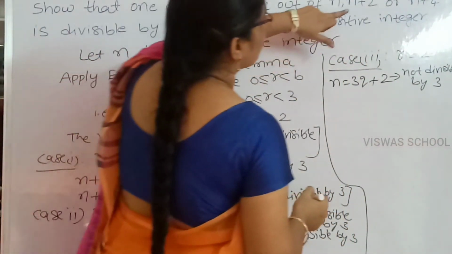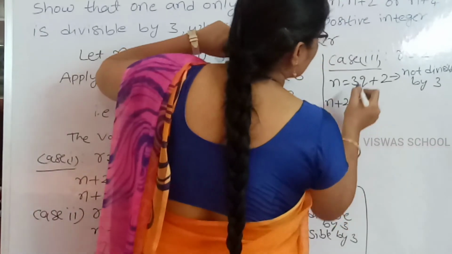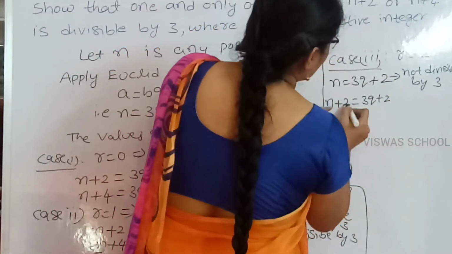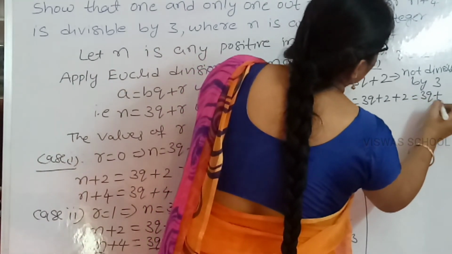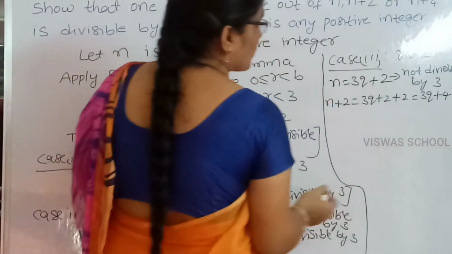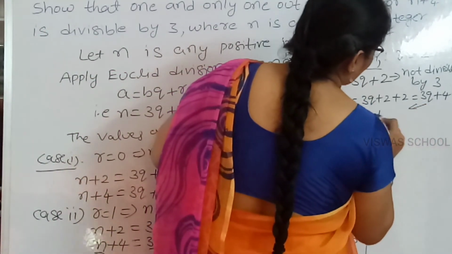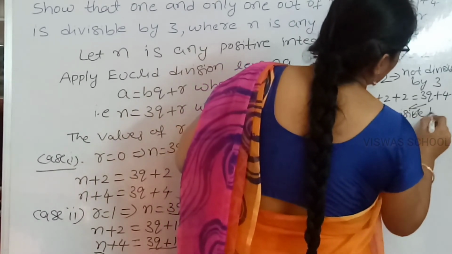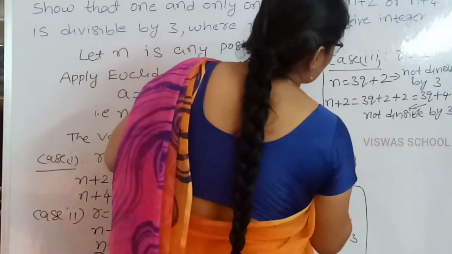Next one is n plus 2. n value is 3q plus 2, and again here we have plus 2. That is 3q plus 4. This is also not divisible by 3. And the next one is n plus 4.